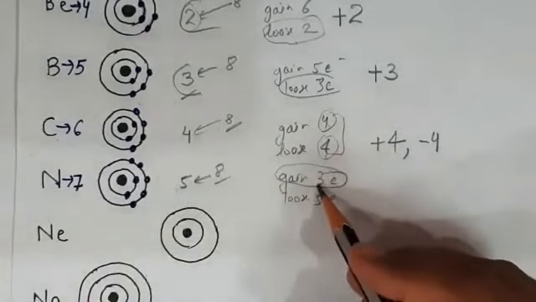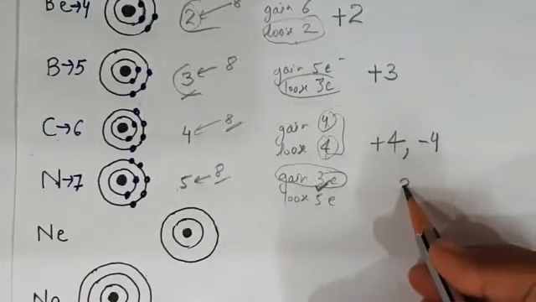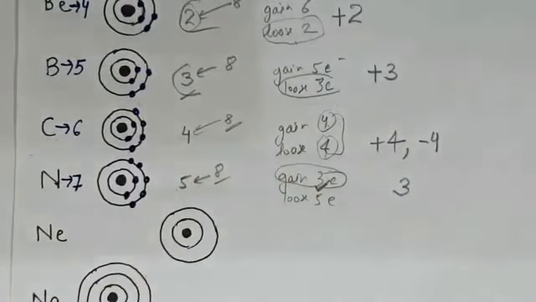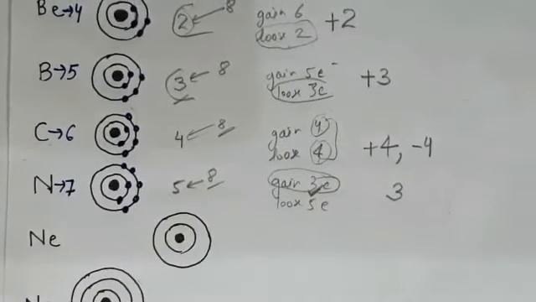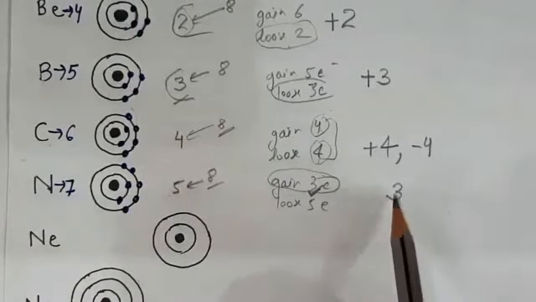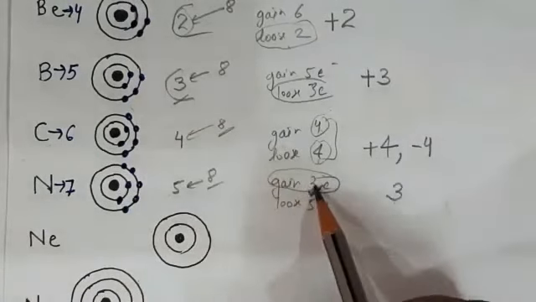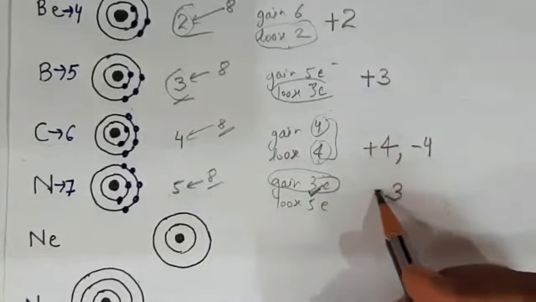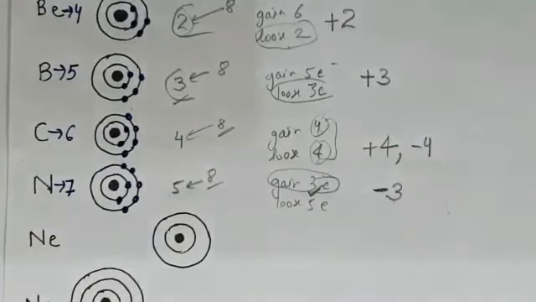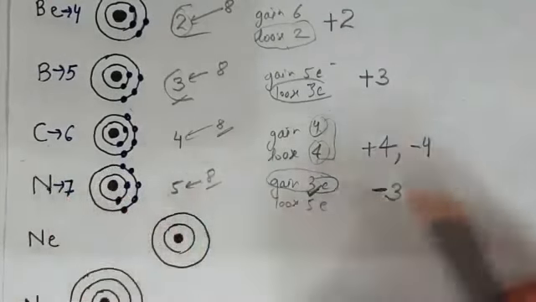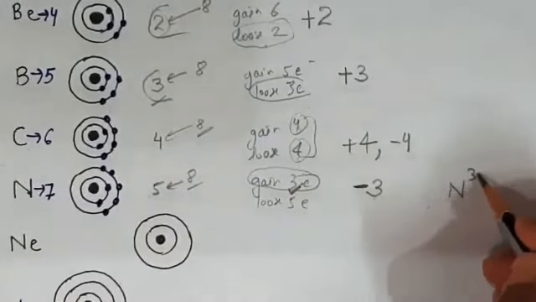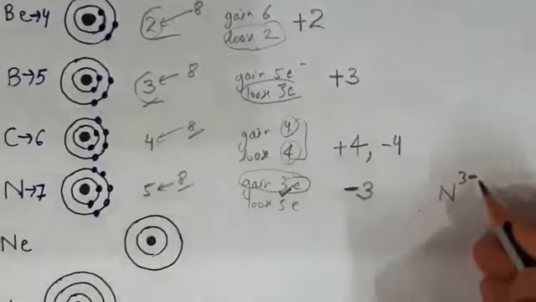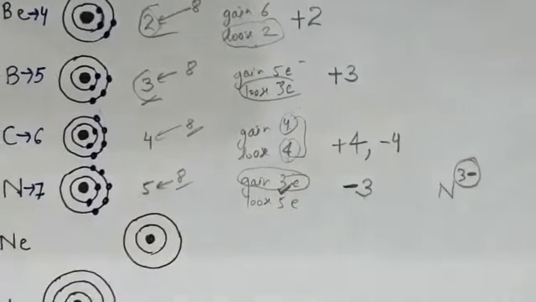Gaining. So how many electrons are gained? 3 electrons are being gained. You will write how many electrons are gained or how many electrons are lost. That will be the valency. So 3 electrons are gained, so charge is minus. That's why nitrogen exists in the form of N3 negative. Now you understood from where it came.